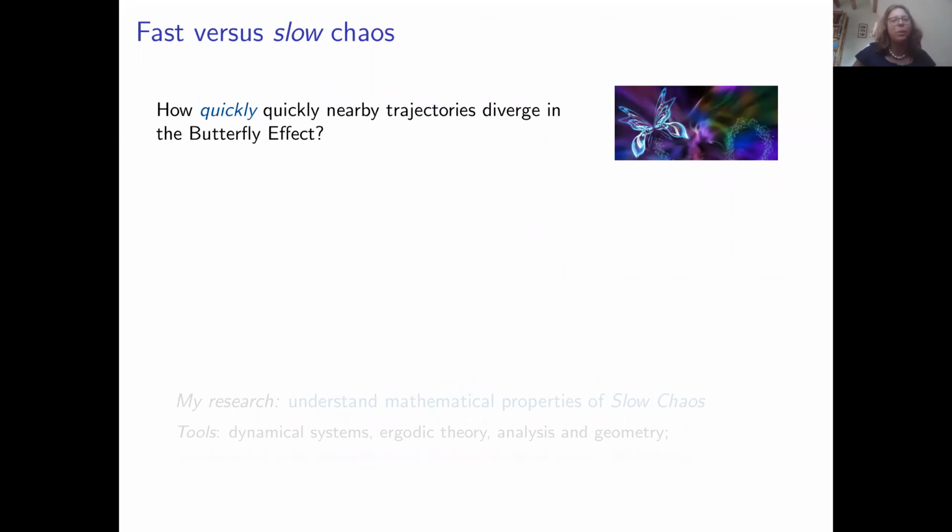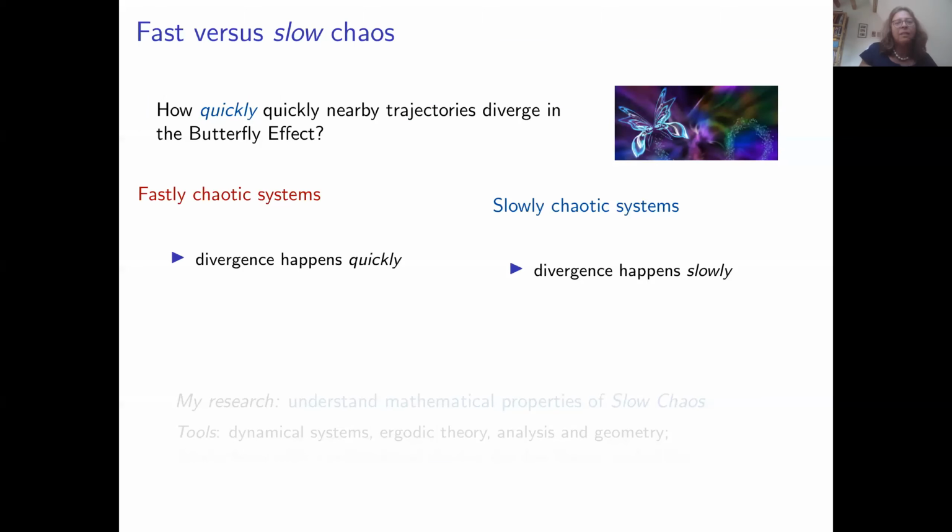What I call, more colloquially, slow chaos, in contraposition to fast chaos: you want to know essentially how fast the butterfly effect happens in a system which displays it. These names, fast chaos and slow chaos, are shortcuts for systems where the divergence of nearby trajectories is fast, and by fast, I mean exponential.